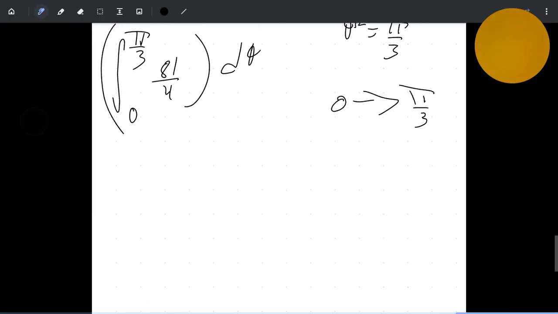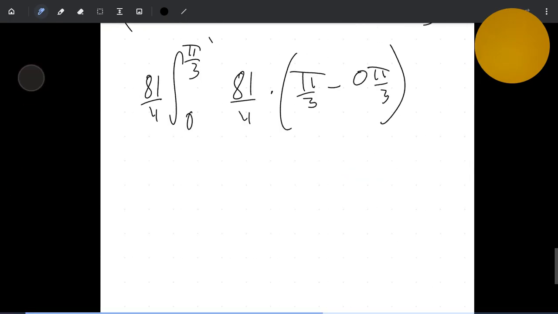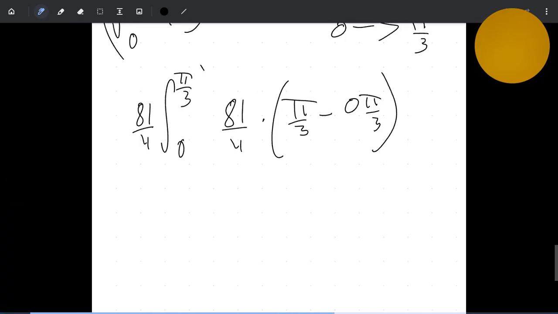So that is going to be equivalent to 81 over 4 shifted there because it's a constant, from 0 to pi over 3, d theta. It's going to be 81 over 4 multiplied with pi over 3 minus 0. And that would be 81 pi over 12.